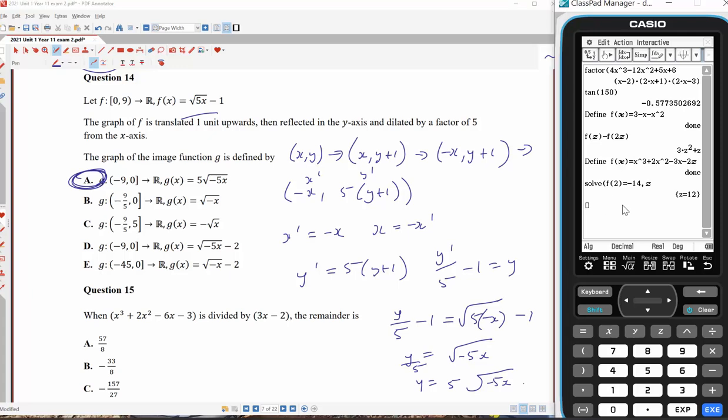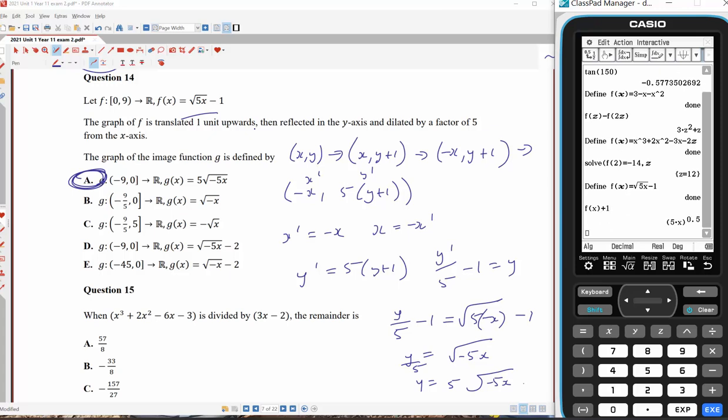Let's do it via function. So I'd go shift define f of x equals and shift root 5x take 1. Okay, so what we'll do is translate 1 unit upwards, so that would be f of x plus 1. So there it is there.